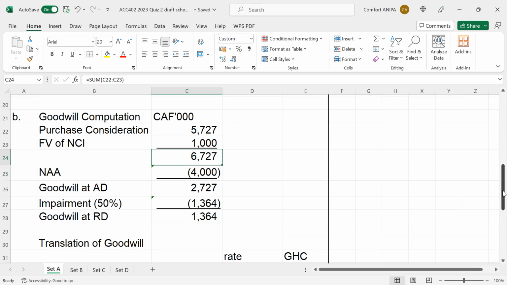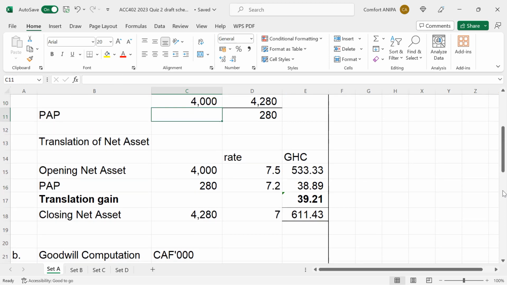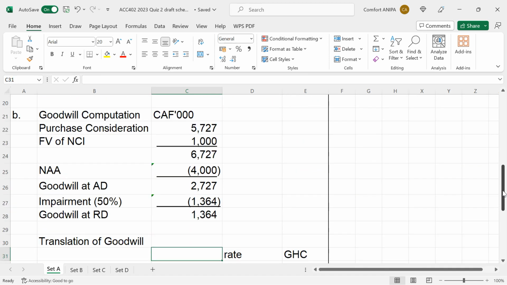Your fair value of NCI is in CAF, so 1 million. The net asset acquired is what you yourself calculated here, net asset at acquisition. Then you get your goodwill at acquisition, which is 50% impaired. And therefore, this is your goodwill at reporting.